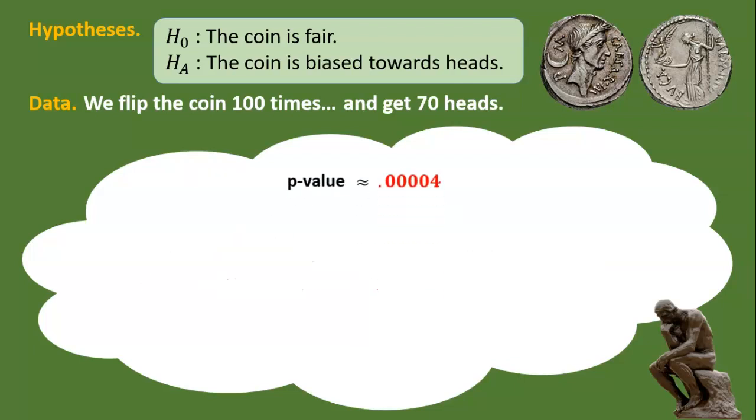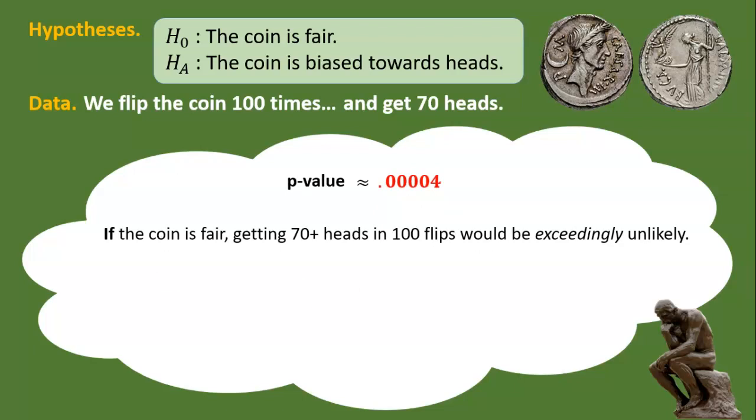What this p-value tells us is that if the coin is fair, getting 70 or more heads in 100 flips would be exceedingly unlikely. It would happen only about 4 times in every 100,000 trials. That is, we'd expect to see something like this only once every 25,000 times that we play this game of flipping a fair coin 100 times.